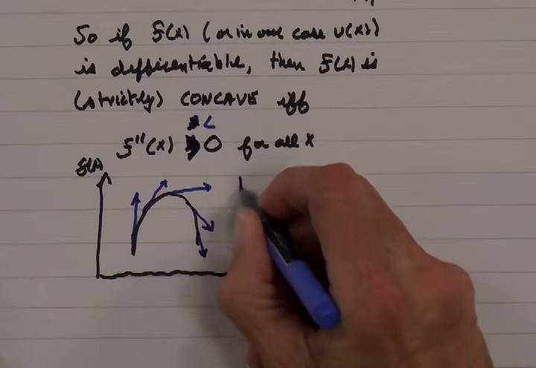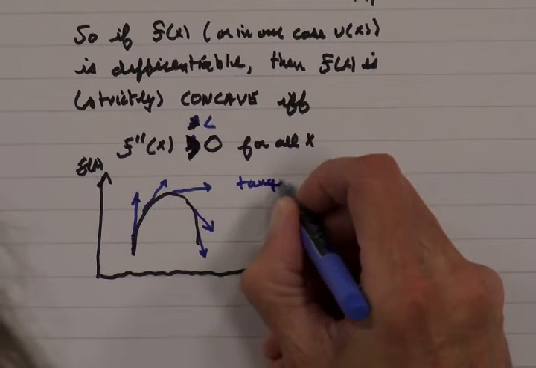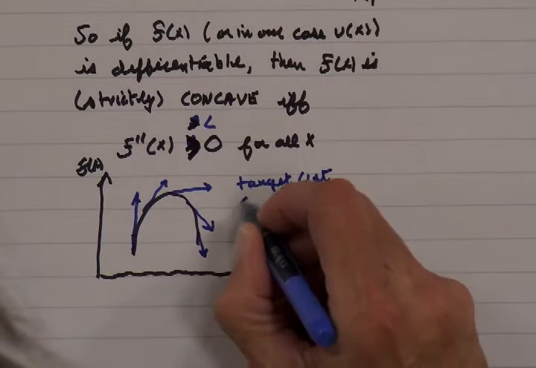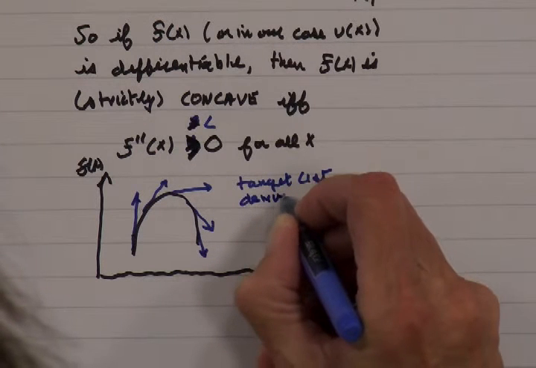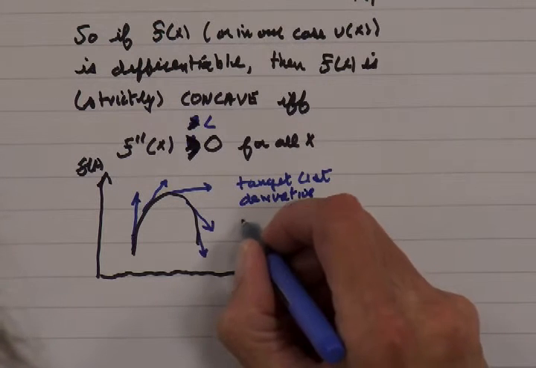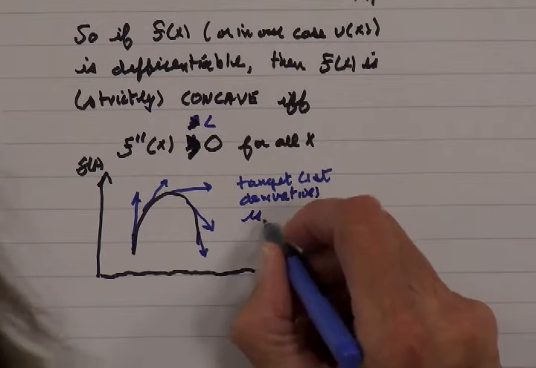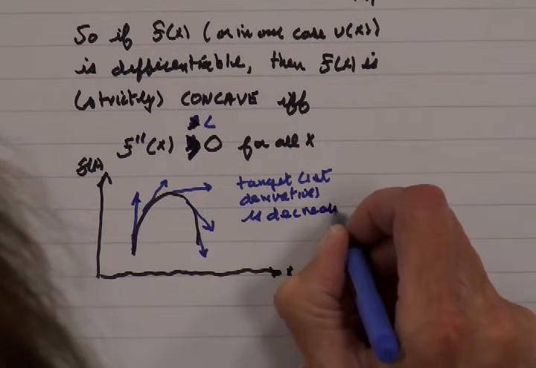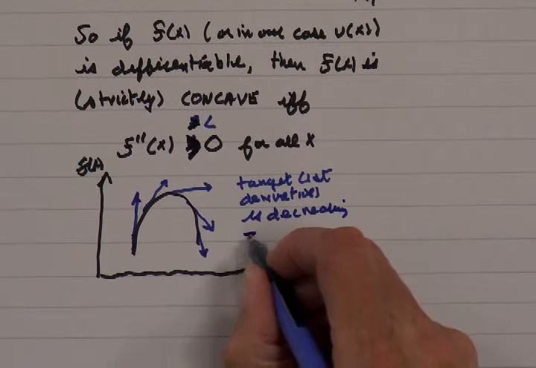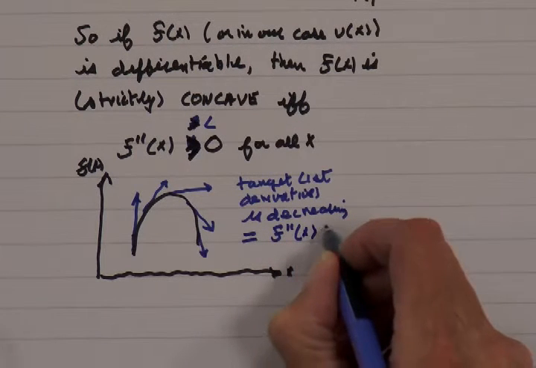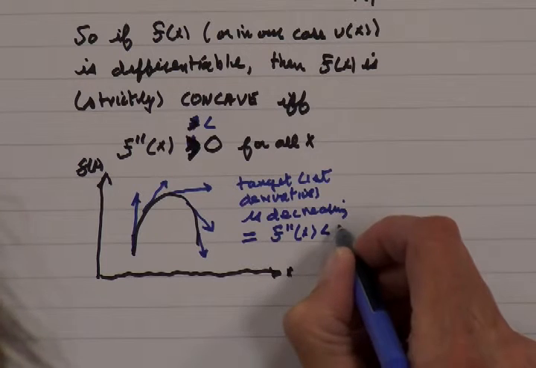So the tangent, which is the first derivative, is decreasing. And this implies that f prime prime of x is less than 0 here.